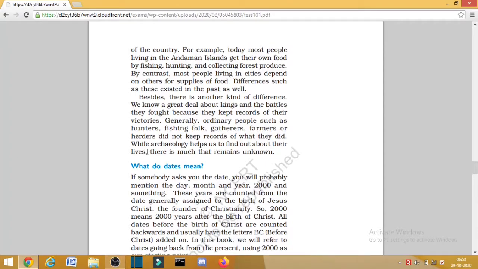See, this archaeology helps us to find out about their lives, how they lived, what they used to do. There is much that remains unknown.